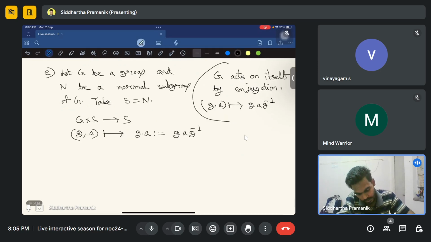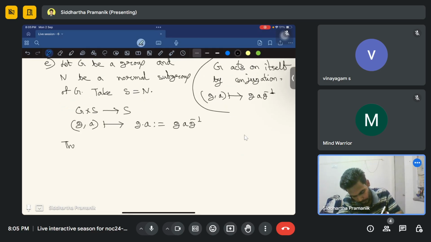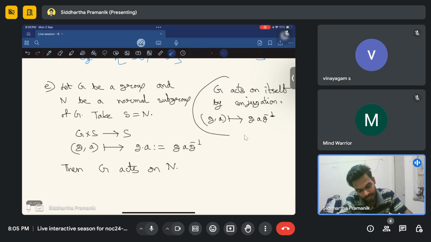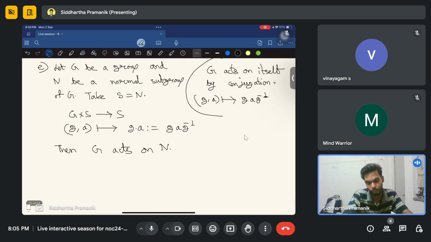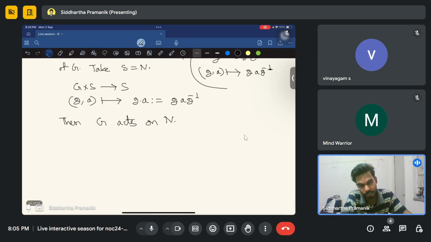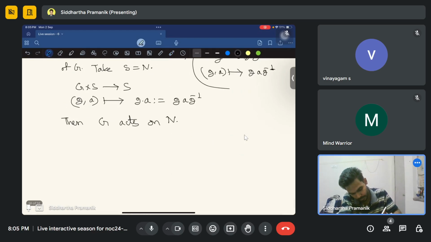Now the fact is that G acts on N, meaning this is a group action. So in the lectures we have taken G itself, but that can be replaced by any normal subgroup. So that is the case here. The proof is easy. I don't want to do the proof. My interest is in the orbits.